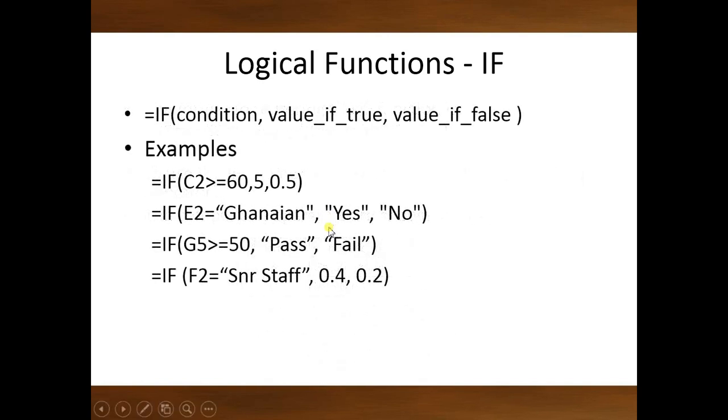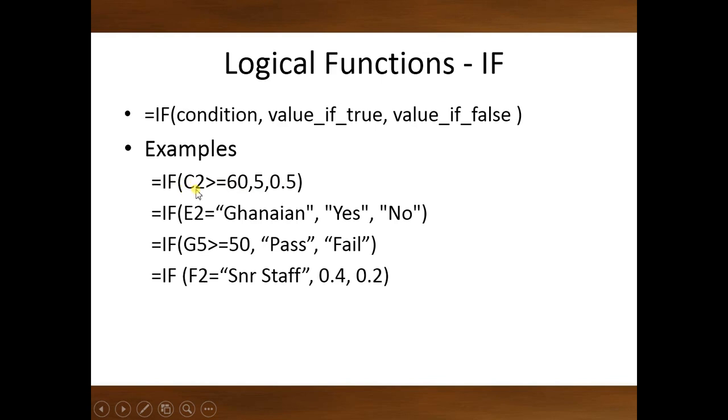Let us have an example of the IF function. So we've already given the syntax. Now when you look here, IF, and this is the condition. Here the criteria uses a value and then returns one value or the other value. So this is the condition.